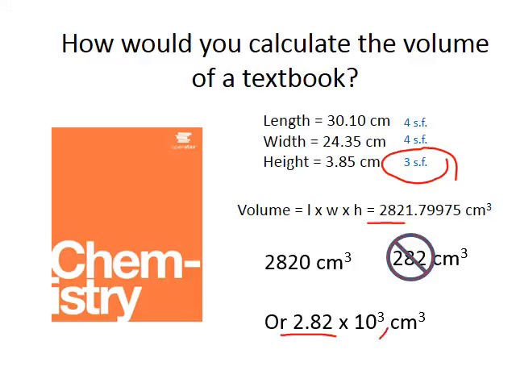Whenever you use the exponent to represent powers of 10, it's a placeholder. It's just telling you the overall magnitude. Those are never considered significant in the exponent. So this number, 2.82 times 10 to the third centimeters cubed, is the best way for representing the result of this calculation with the appropriate number of significant figures.